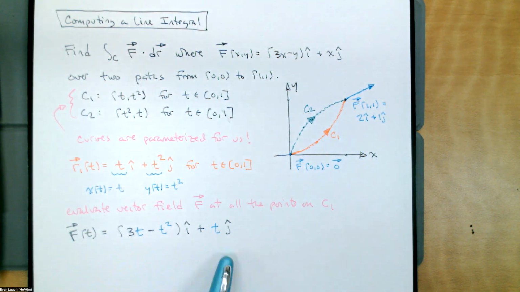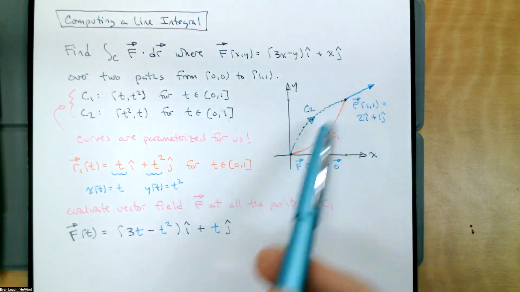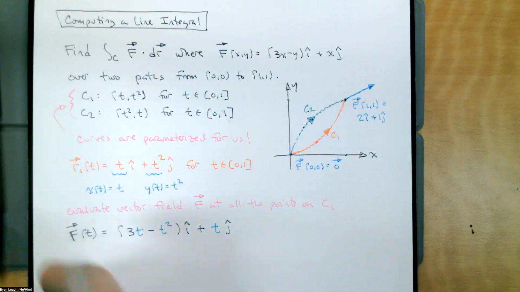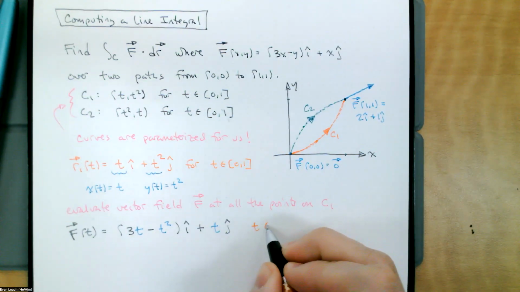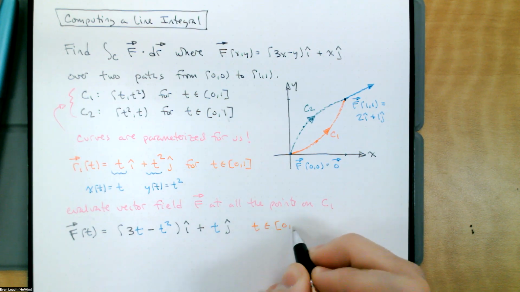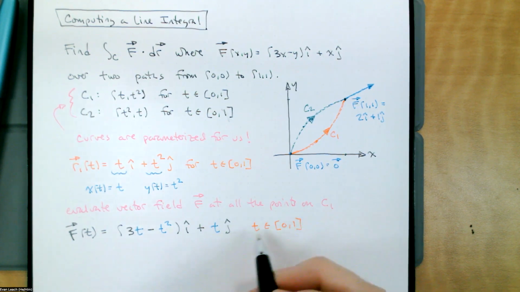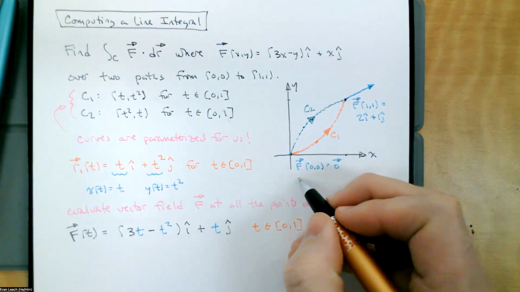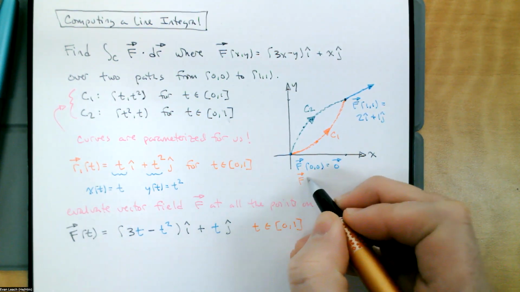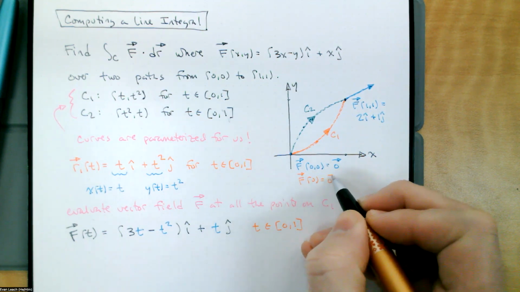Note that this is the vector field along the curve C1, and at the endpoints, this is the vector field for all the values t between 0 and 1. When t is equal to 0, I get 0, 0. So f at the parameter 0 is the 0 vector.